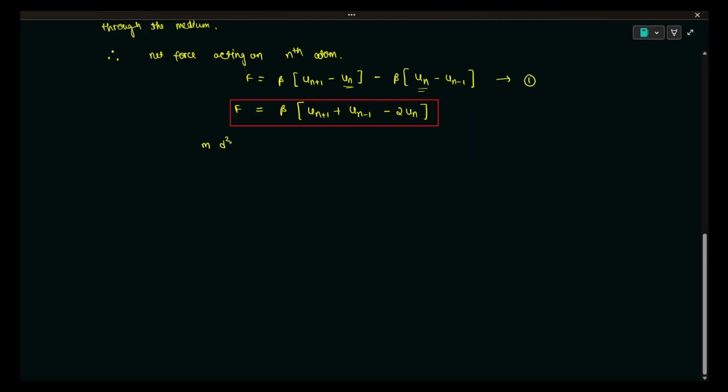So that this becomes displacement of nth atom: beta times (u_{n+1} + u_{n-1} - 2u_n), where d²u_n/dt² is representing the acceleration of nth atom.